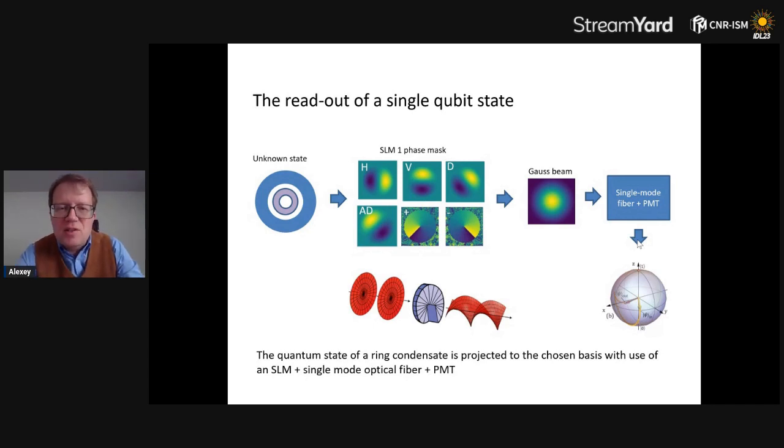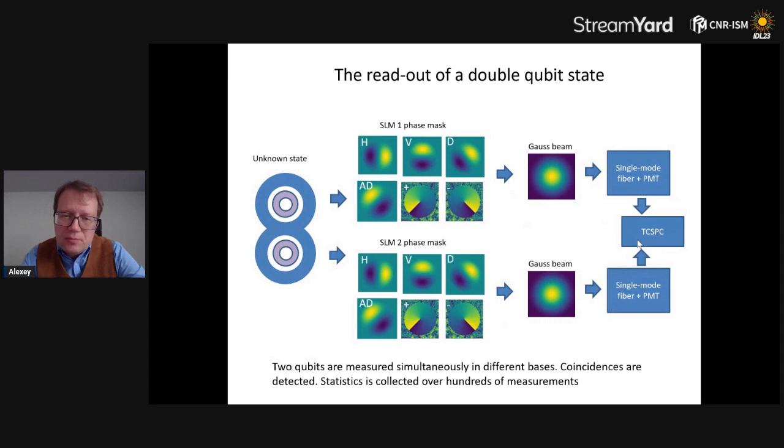But if the state of the condensate does not coincide with the state of the phase mask, then you have not a Gaussian beam, but maybe Laguerre Gaussian, and it doesn't go through the single mode fiber, and you have a signal equal to 0 on the photomultiplier. And when you have 2 qubits, you do these measurements separately for the first one and second one, and you change the basis for them.